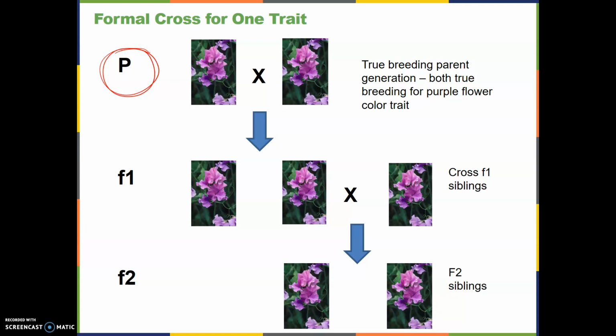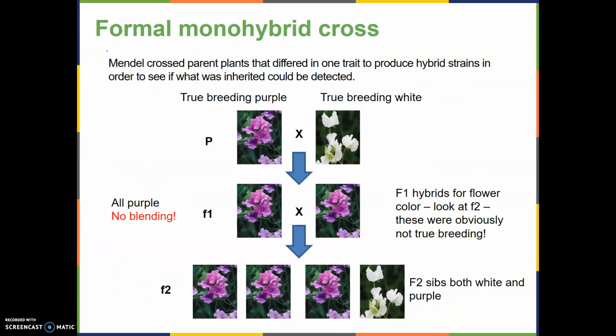And as you might expect, the F1 results would be all purple flowered offspring. And then if you crossed F1 siblings, which would give you your F2 generation, they're going to be purple as well. That's really what you probably would have guessed if both of the parents were true breeding. But that doesn't teach us very much.